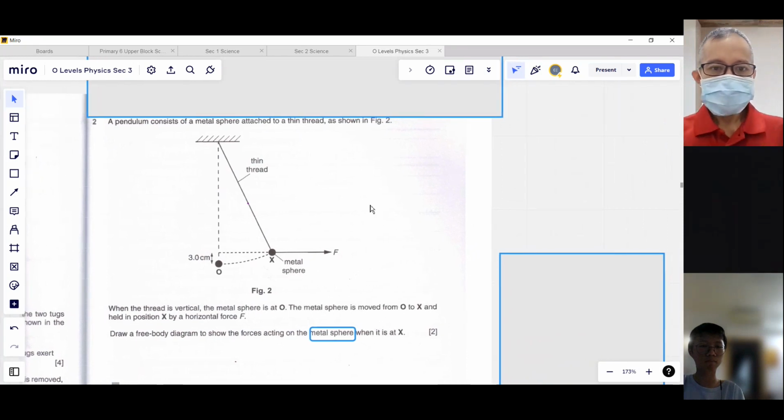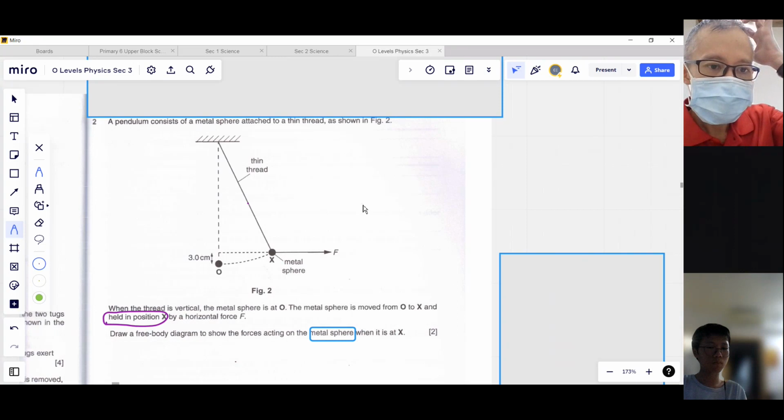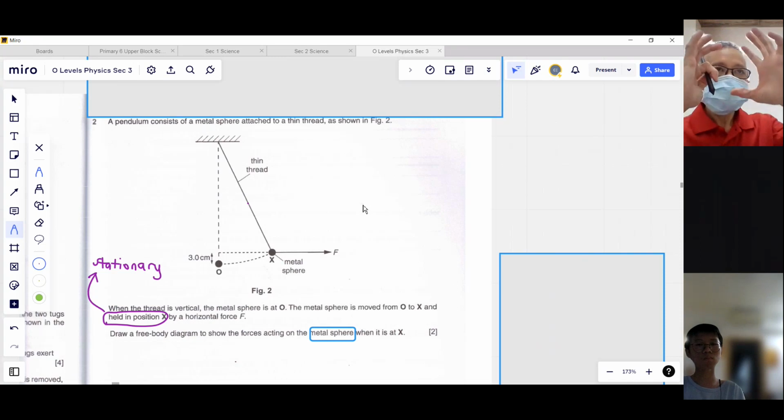Yes, so that is, I would say, the not so clear part. So basically, where's the word? Held in position X. You guys have to really look out for such words. It means it is stationary, not moving.